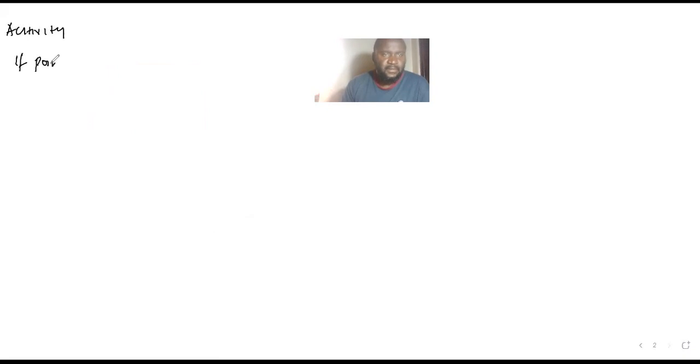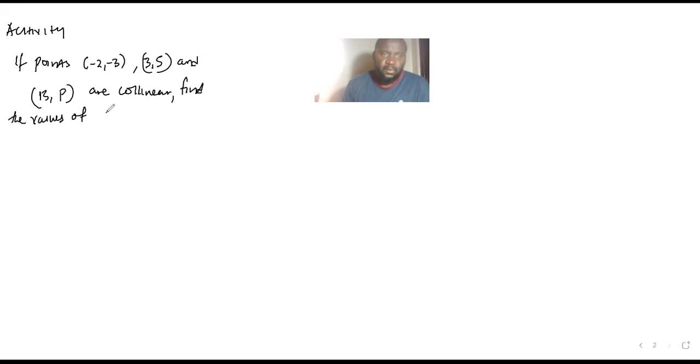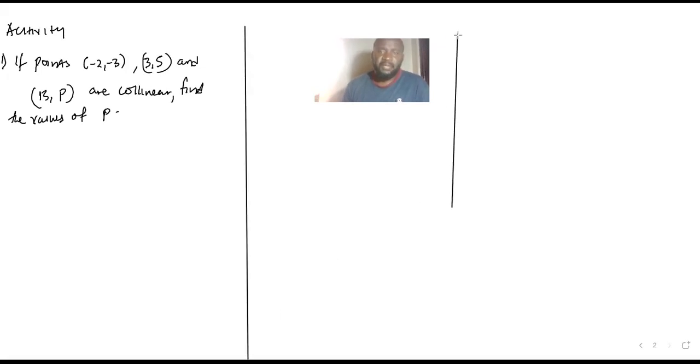If points (-2, -3), (3, 5) and (13, P) are collinear, find the value of P. Try that one out very fast. Investigate that question. Then I bring another definition.